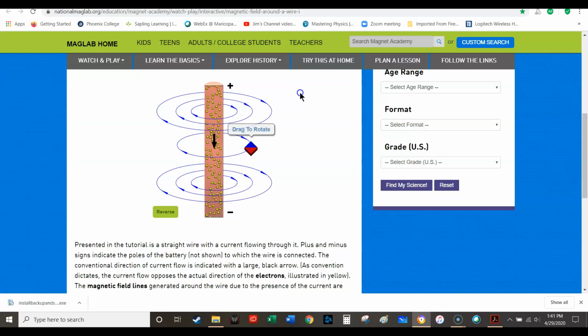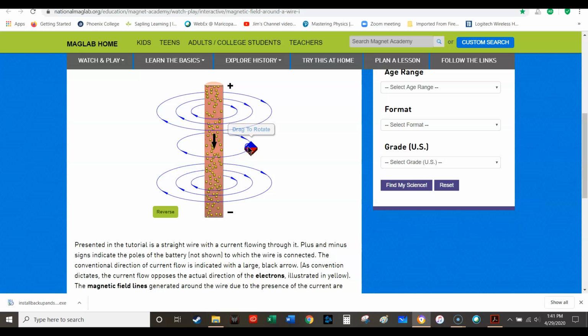The electrons are moving upwards, and that means the current would be pointed down, correct? Remember, we learned from circuits that the direction that the current is pointed is opposite the direction of the flowing electrons, okay? So the electrons are flowing up, but the current is pointed down.